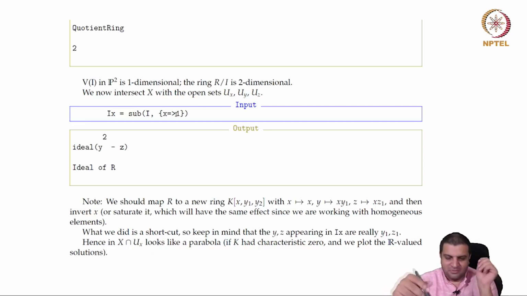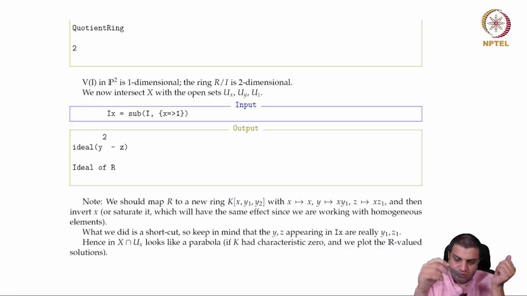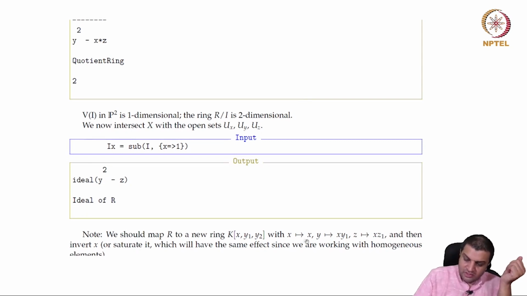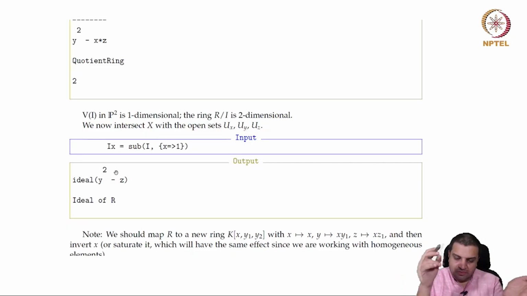It just works. So for Ix we just substitute x equals 1. Remember, this is the equation. If you do this operation, we would just get y1 square minus z1, but just call y1 and z1 as y and z. On that open set, which is like spec of k[y,z], this is defined by y square minus z.